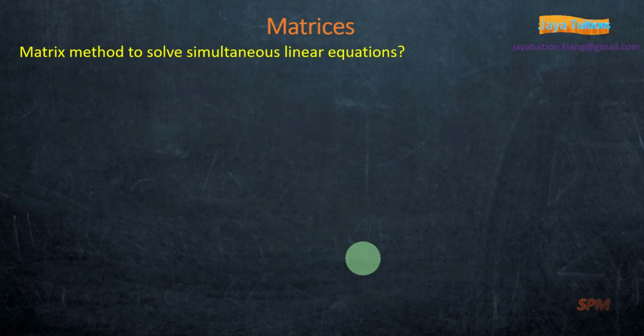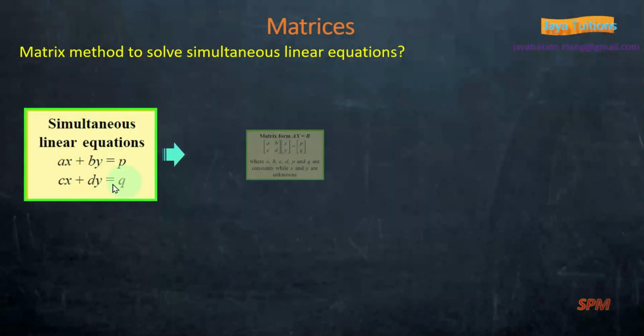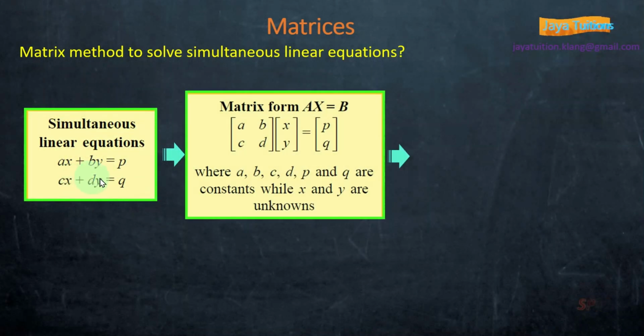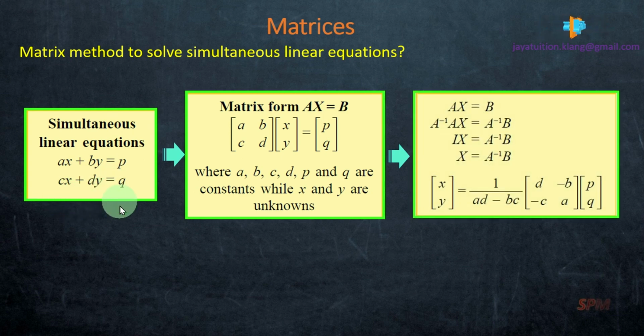Now we see how to solve simultaneous linear equations using the matrix method. You have two simultaneous equations, ax plus by is equal to p and cx plus dy is equal to q. These simultaneous equations can be written in the form of matrices.